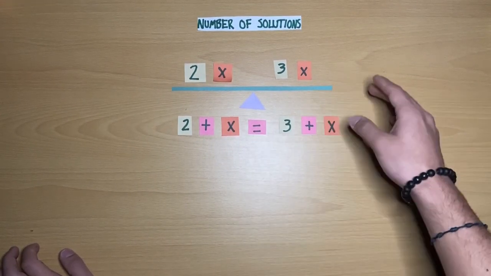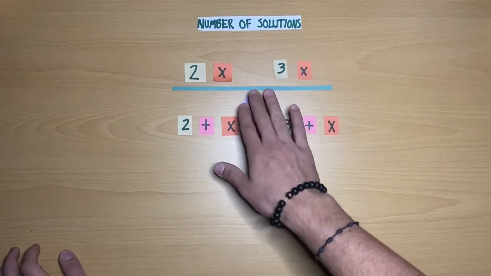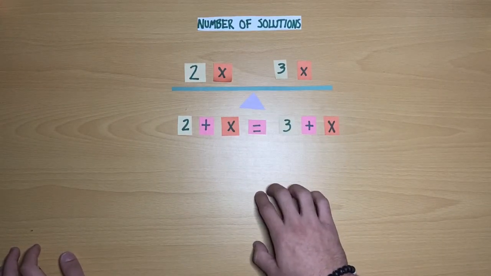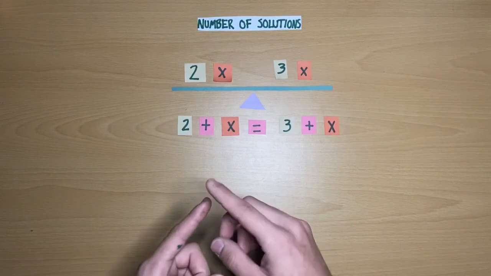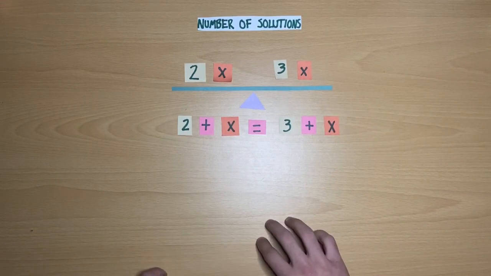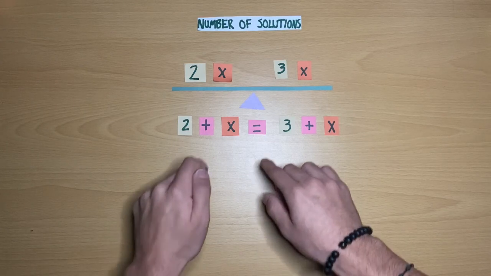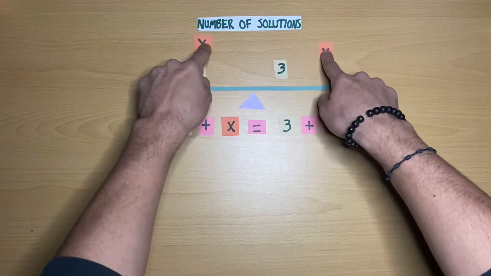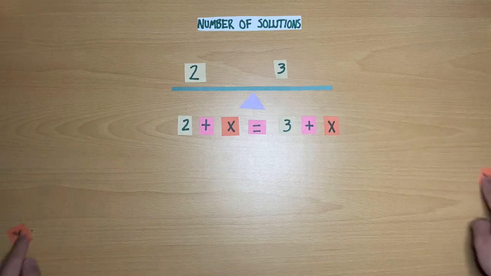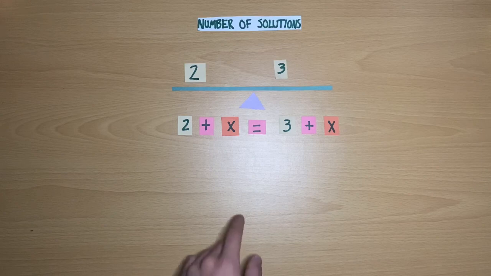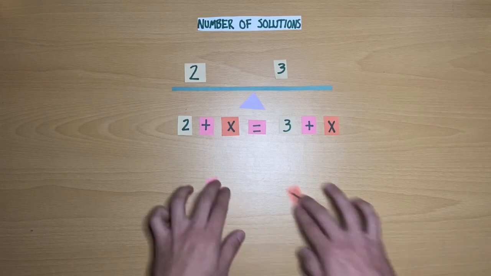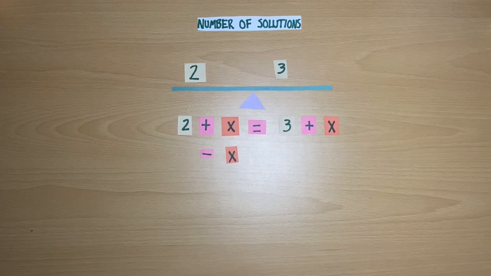Anyways, so if I were to solve this using this scale, I see that there's x on both sides. So I need to combine those first. I just want 1x. So what I will do is I will remove the x from both sides, like so. And we get 2 and 3 on both sides. And so if we do this to our equation as well, I'm going to subtract x from both sides.